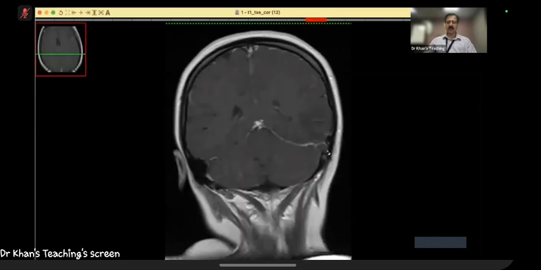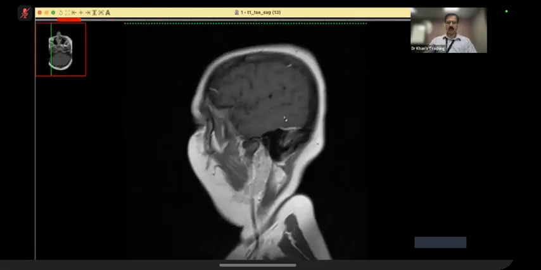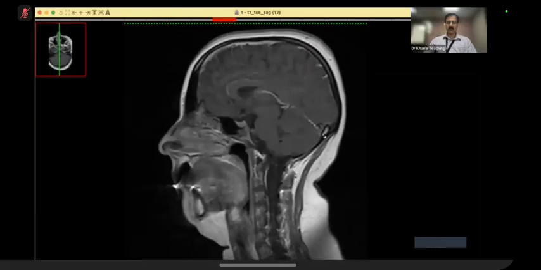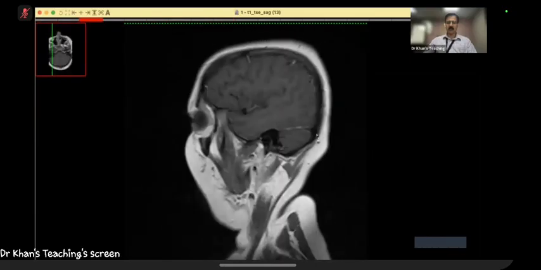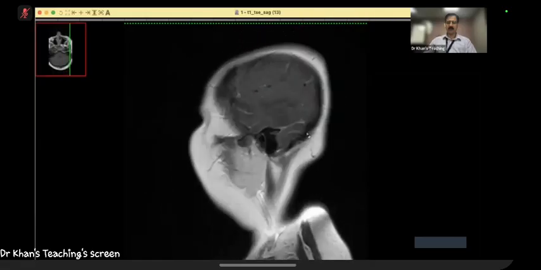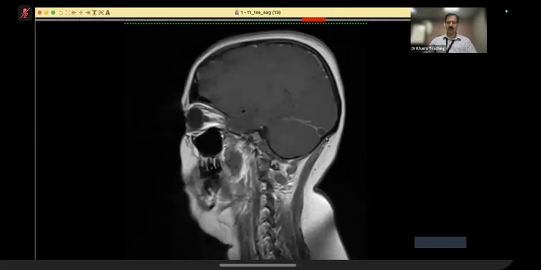But the T2 was very impressive. Of course, I did not show you the sagittal, but on a sagittal also you can pick this up. This is the normal side and this is the abnormal side. You can see this filling, just like the delta sign. All of this you can pick up.